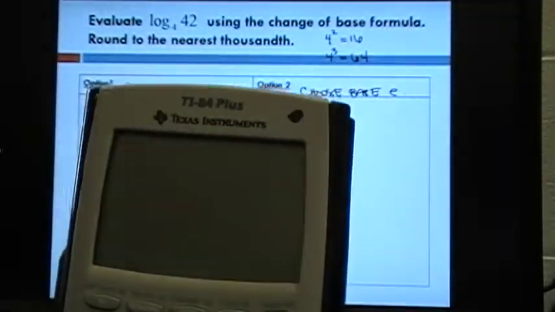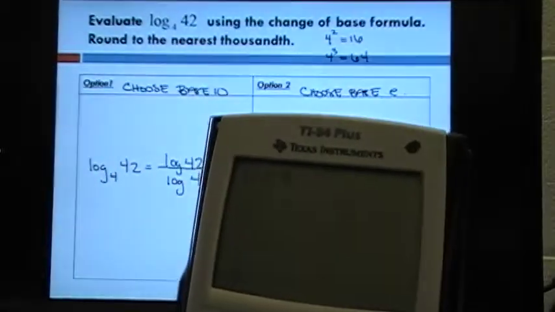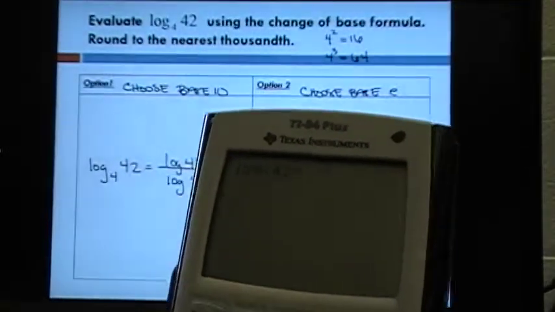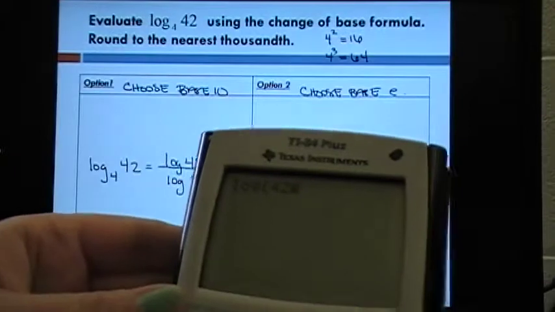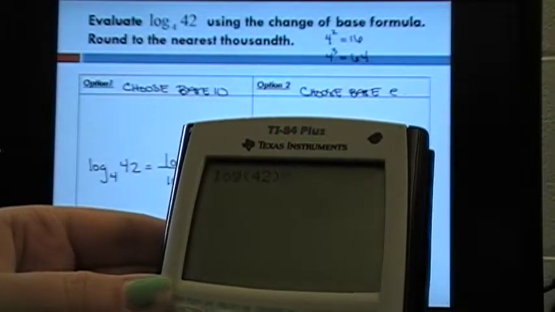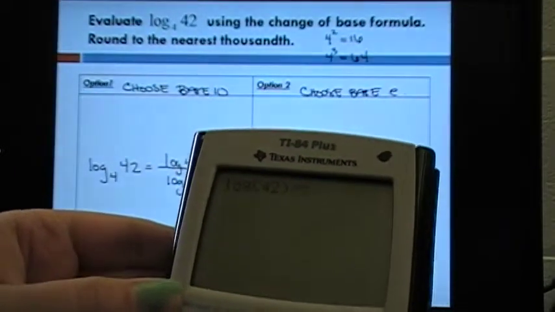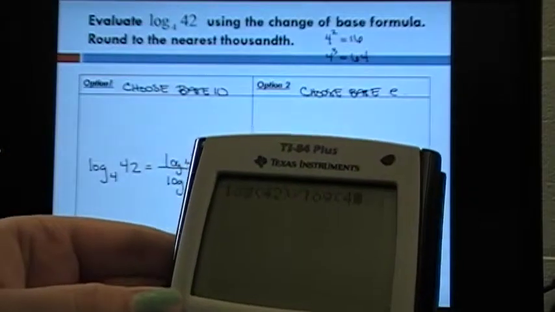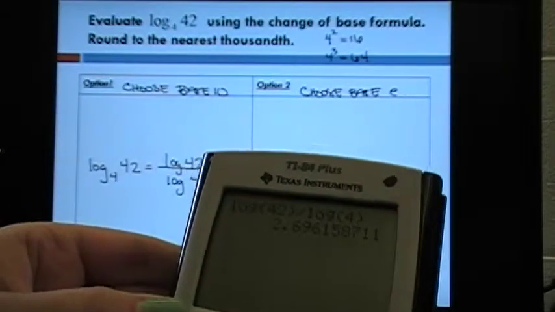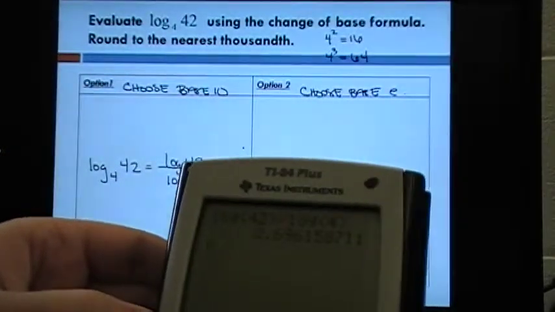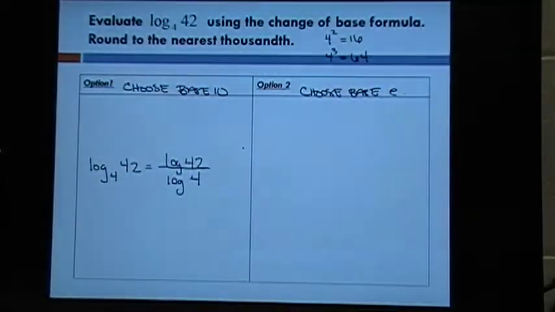Okay, so log of 42, and make sure that you close your argument, the parenthesis, divided by the log of 4. That gives me 2.696. Okay, so this is approximately 2.696.